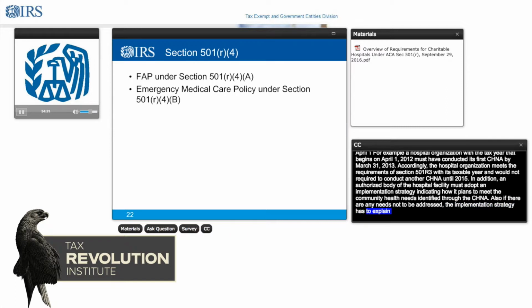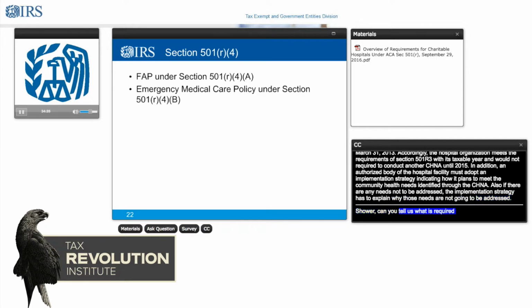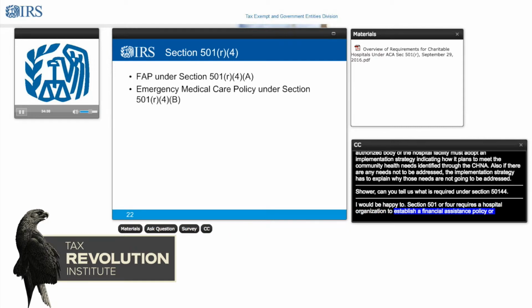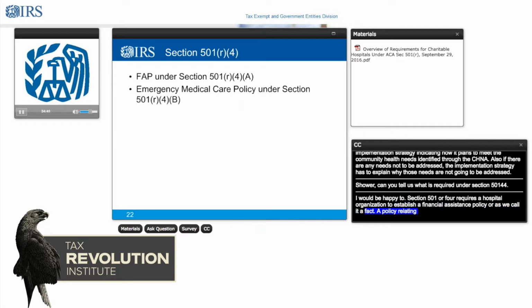Cheryl, can you tell us what is required under Section 501(r)(4)? Thanks, Geoff. I'd be happy to. Section 501(r)(4) requires a hospital organization to establish a financial assistance policy, or as we call it, a FAP, and a policy relating to emergency medical care.